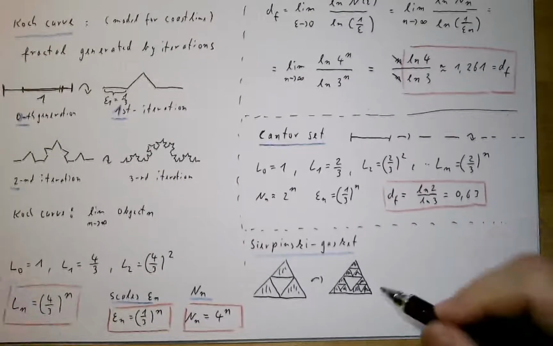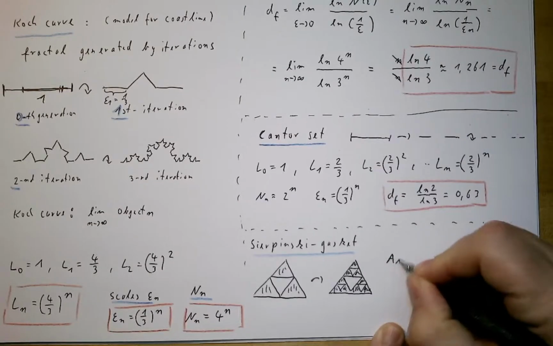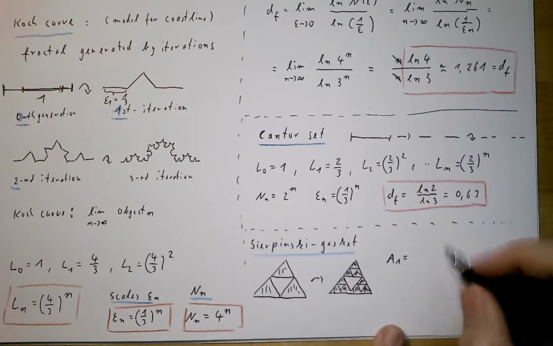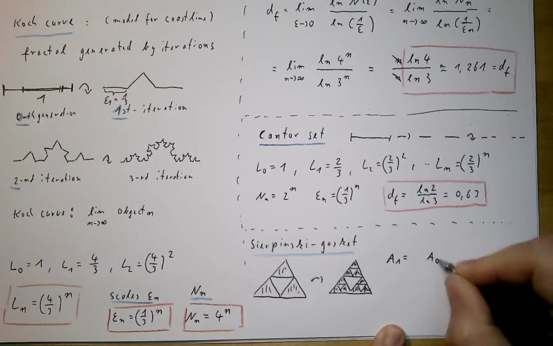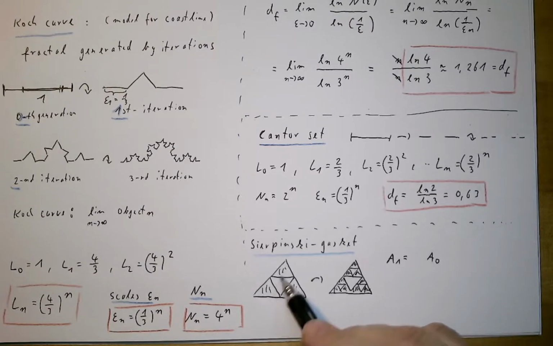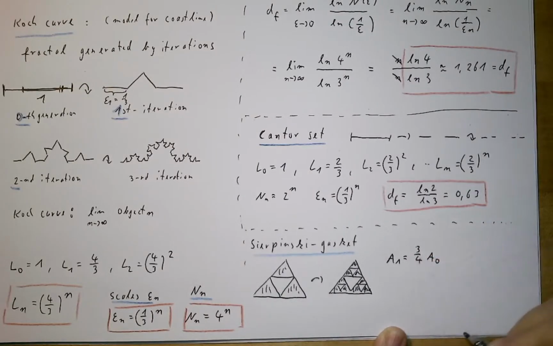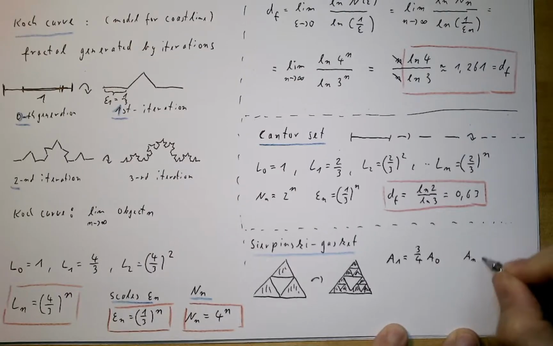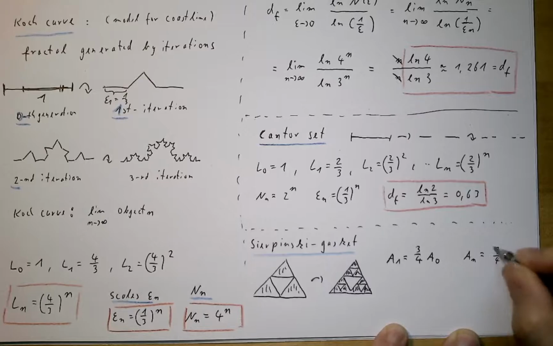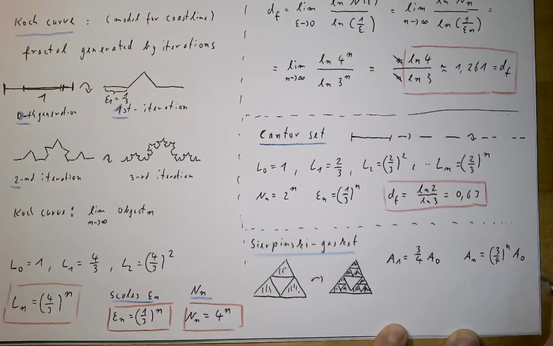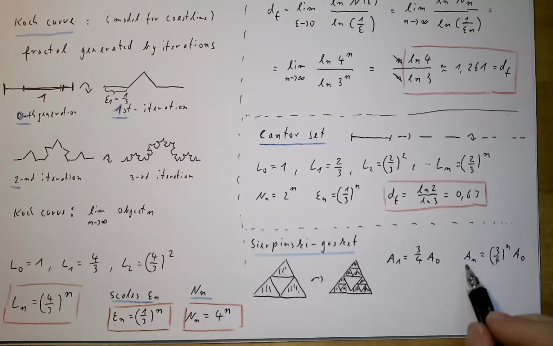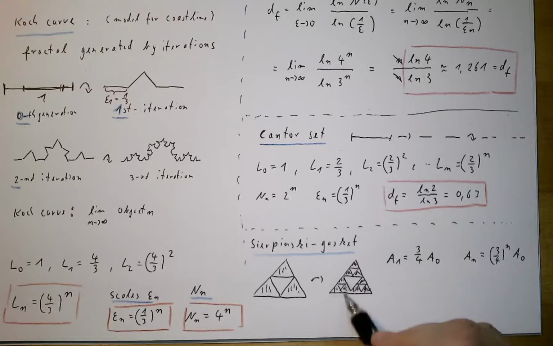So let's see. The area after one iteration is the area of the 0th iteration, and then what we do, we divide this triangle into 4 triangles, but we keep only 3 of them. So it's 3/4 of this area, and then you see the area An equals 3/4 to the n of the area of the 0th triangle, and we see the area of the whole thing is reduced, and then the remaining object has an area of 0.